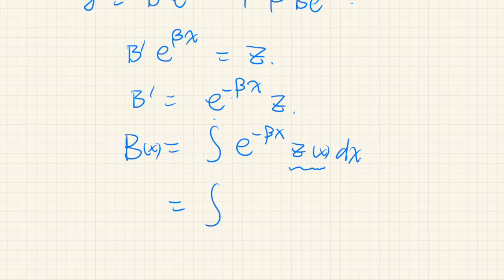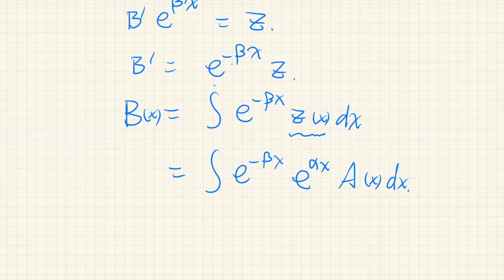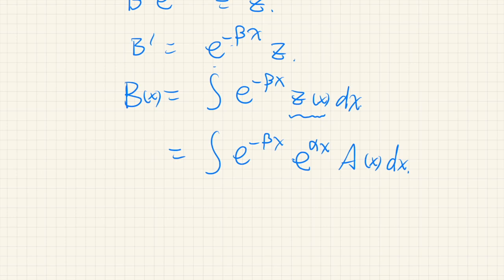So that is the integral of exponential of negative beta x, exponential of alpha x, and a of x dx. And to this, we apply integration by parts, and then, okay, so we can combine these two first. So we have the integral of exponential of (alpha minus beta) x, a of x dx.